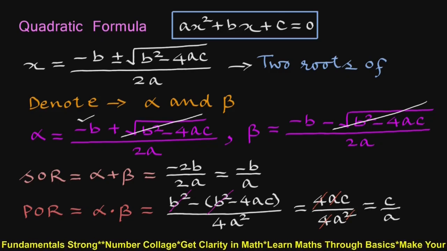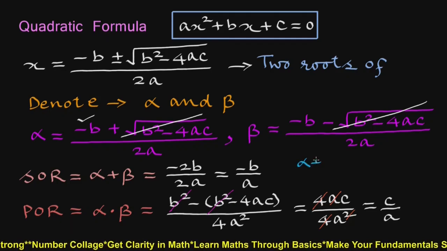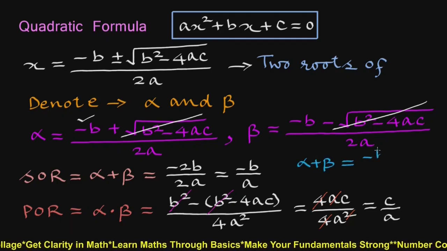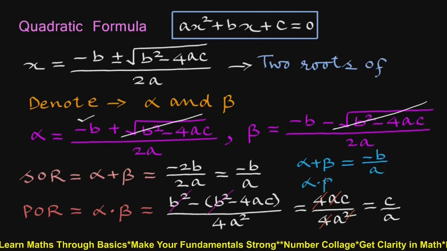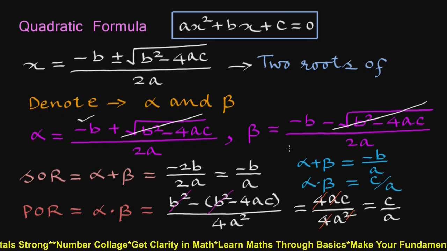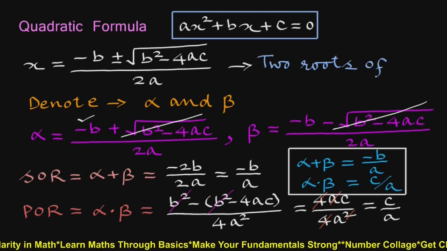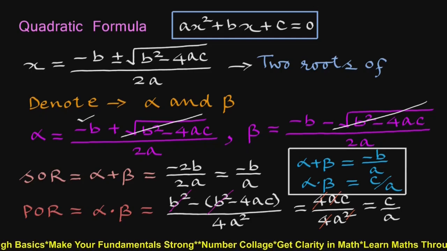So we get two important results. Sum of roots alpha plus beta is minus b upon a, and product of roots alpha beta equals c upon a. These are two important results which will help us a great deal while solving problems.